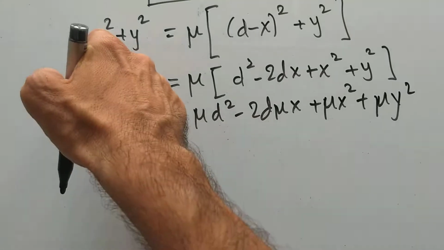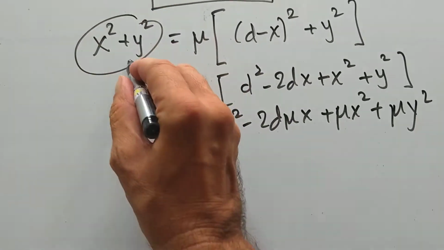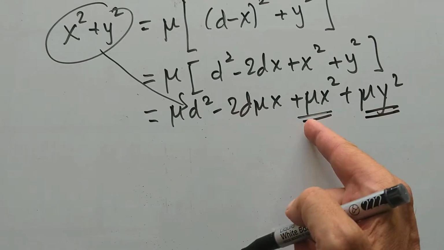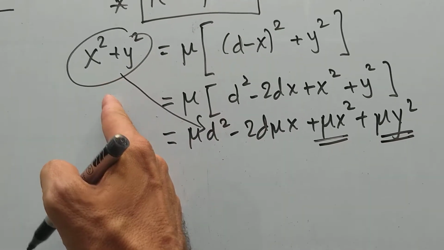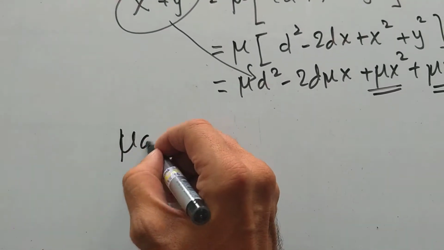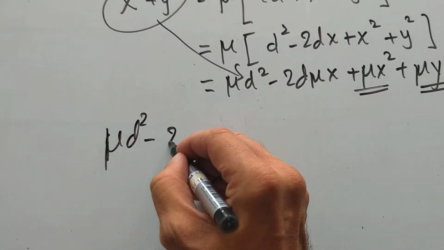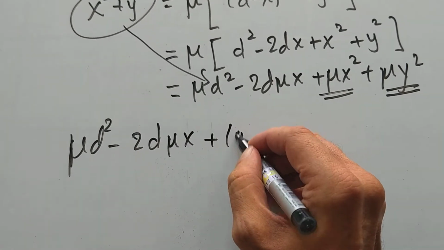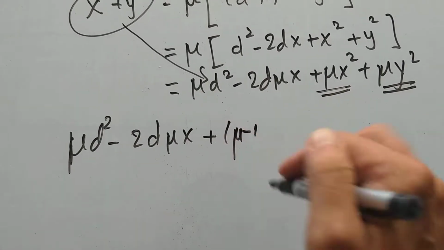Let's bring these to this side, and we can include them into the coefficients here. I get mu d squared minus 2d mu x plus mu minus 1.